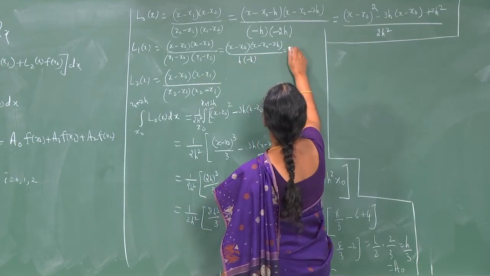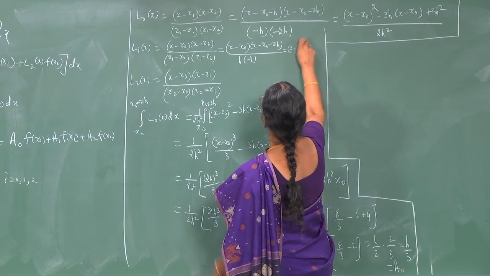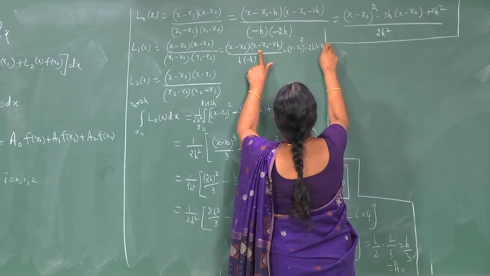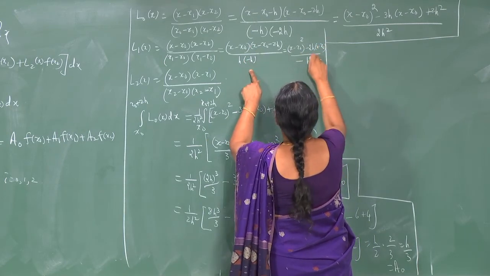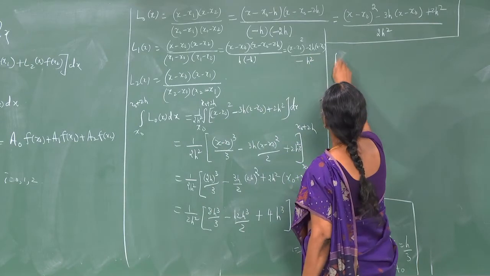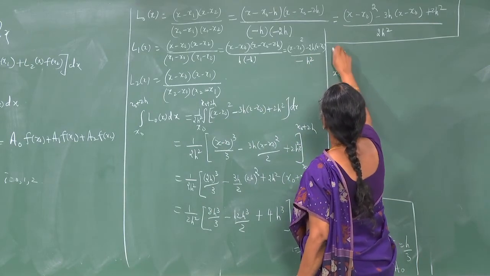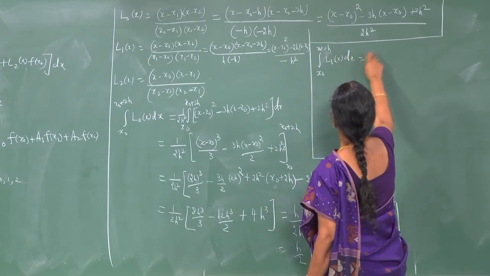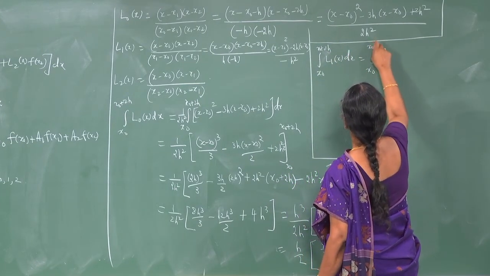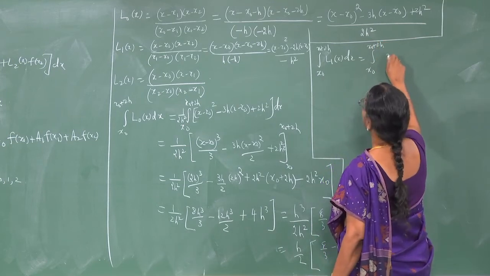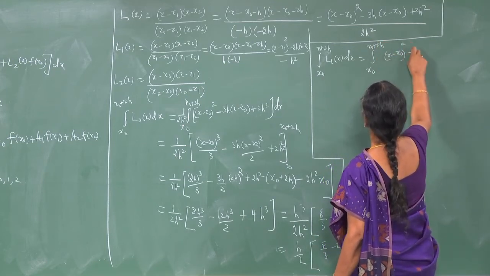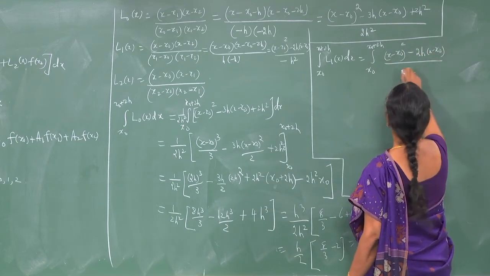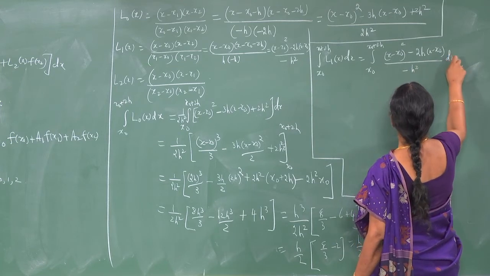So, this gives you x minus x0 the whole squared minus 2h into x minus x0, by minus h squared. So, the integral from x0 to x0 plus 2h of L1 of x dx will be the integral of x minus x0 the whole squared minus 2h into x minus x0, by minus h squared, dx.